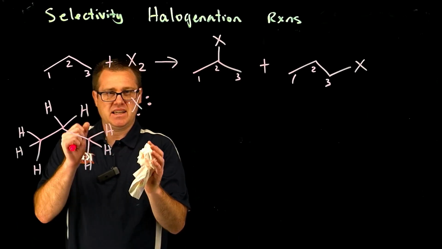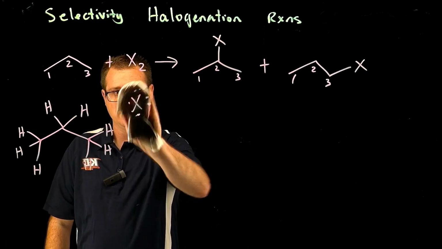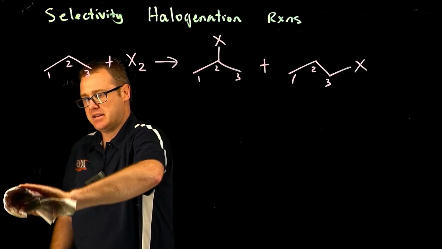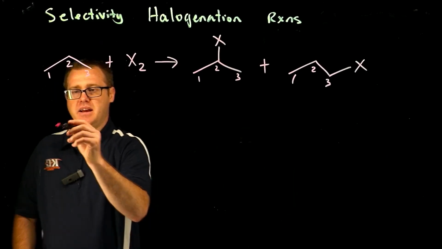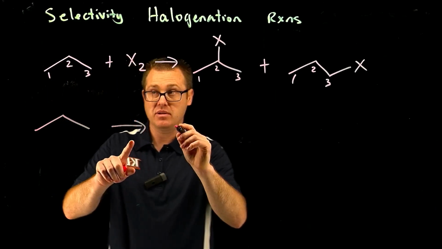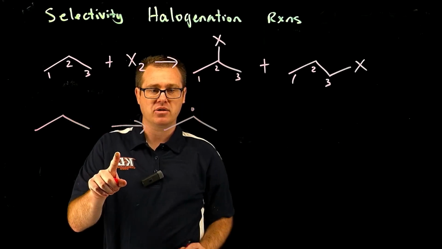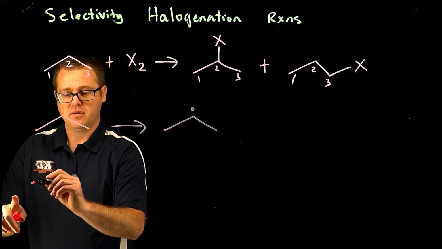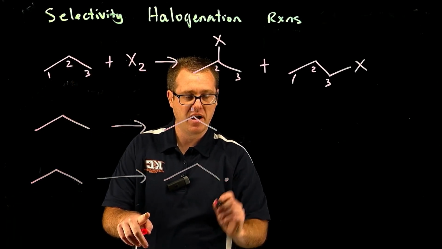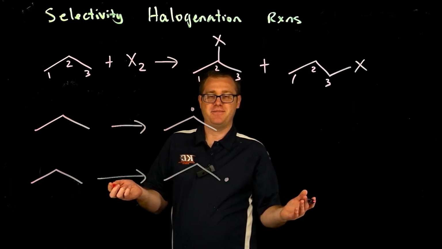But statistics isn't analyzing and looking at the energies here. That's what we need to actually look at. Because if we take this and turn it into this and do a hydrogen abstraction and turn it into that radical, versus doing the same reaction but this time forming a primary radical, which one is more stable?